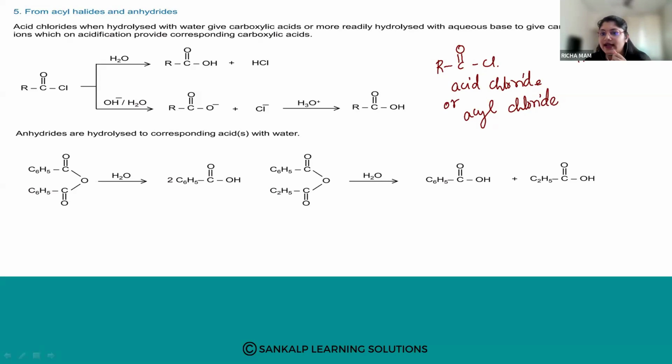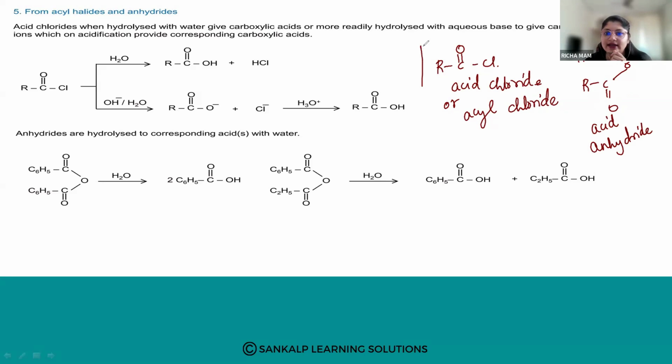Now, what is an acid anhydride? This is your acetic anhydride, so this is your acid anhydride. I have taken R there, and R can be any alkyl or aryl group.